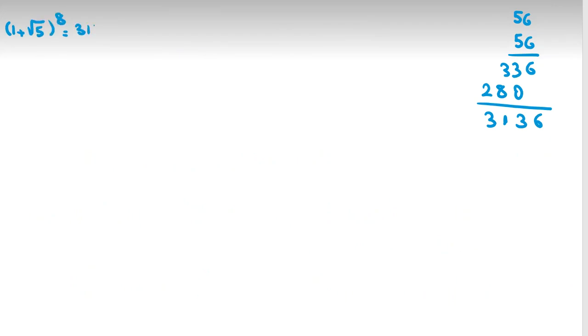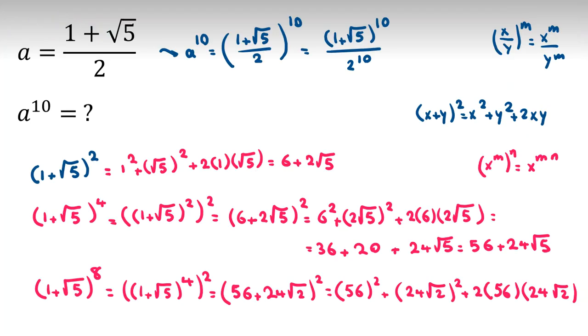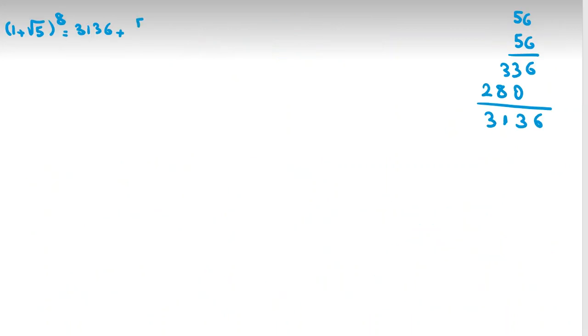So it will be 3136 for the first part. 24 squared is good to memorize: 576. If we multiply by root 2 squared, root 2 squared is 2, so it will be 576 times 2.